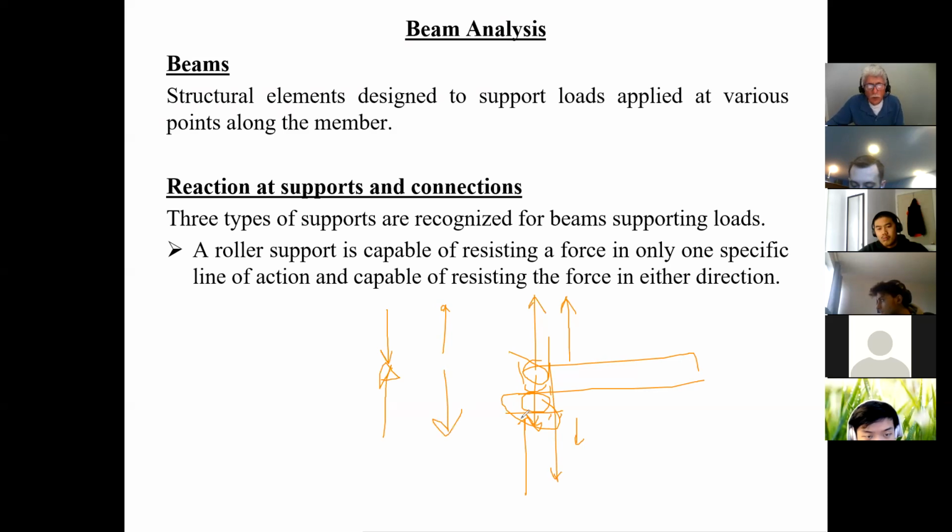Now, what we mean by it will only restrict it in one direction, I don't know if you guys can see my ruler. Everybody sees my ruler? Okay. What happens if I drop the ruler? Am I restricting anything? What does that mean when I just dropped it?